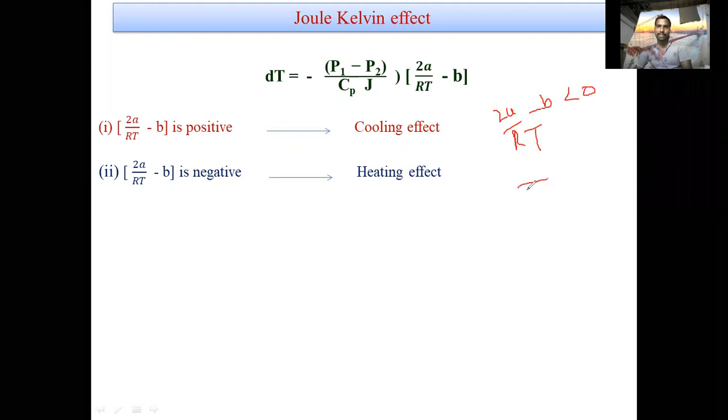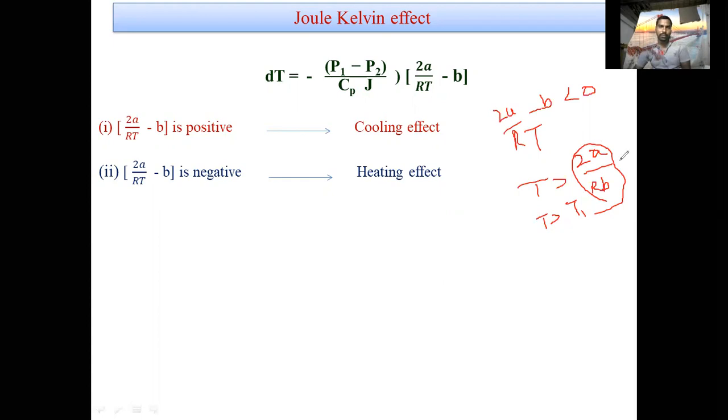That's why T is greater than 2A by RB. 2A by RB means the inversion temperature, that is Ti. When the initial temperature is greater than the inversion temperature, in that case we get the heating effect.